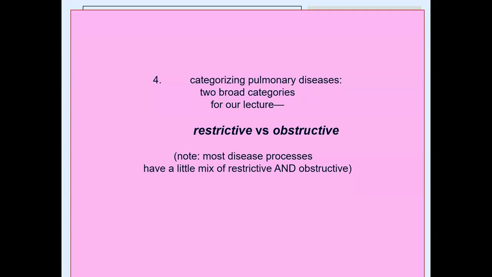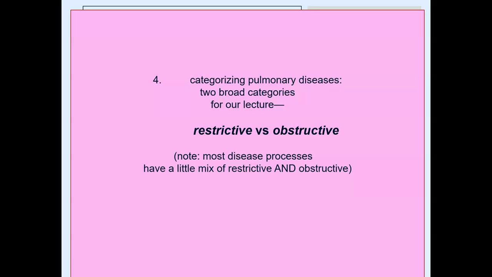Now we've talked about the fact that increased work of breathing will indicate, or should indicate to you, the nurse, that there is some kind of pulmonary disease, and we get now into those diseases. For our purposes, we are going to divide the pulmonary diseases into two categories: restrictive pulmonary disorders and obstructive disorders. Again, we're doing black and white.